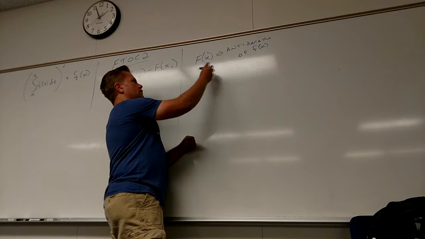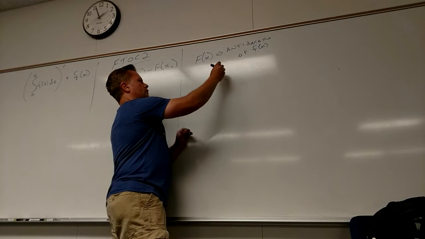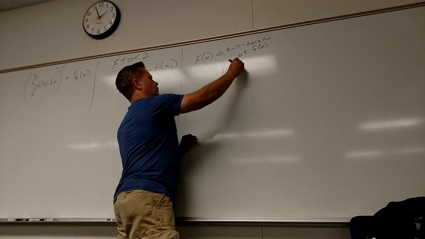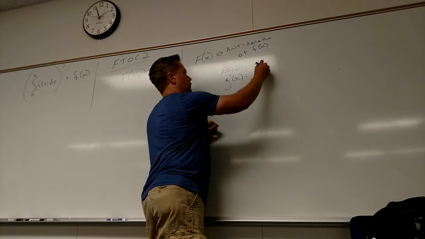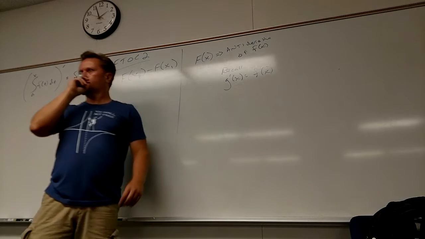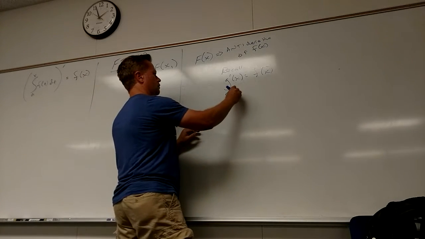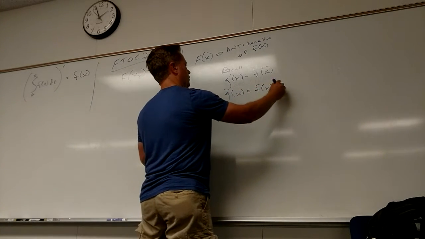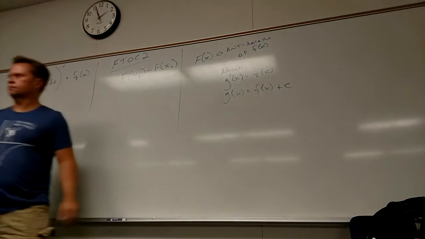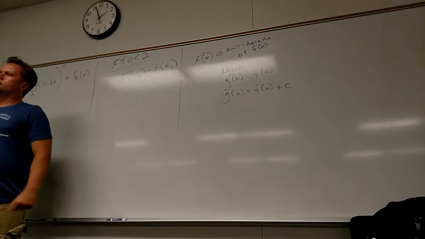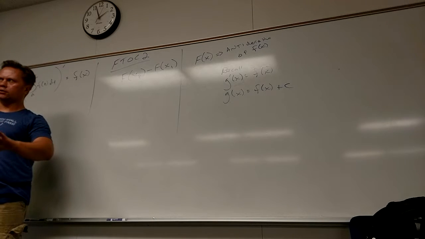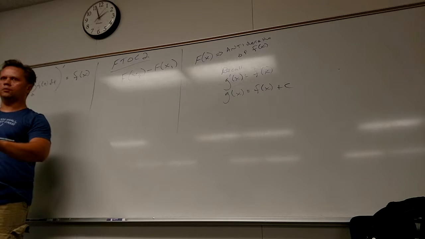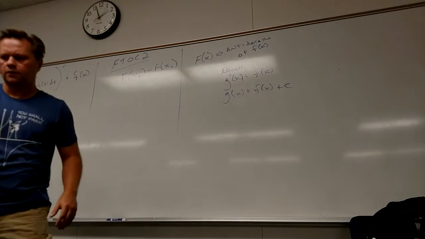Recall G prime is equal to F, which meant that G equaled F plus a constant. We're good so far. All that stuff we talked about earlier, I really hope it can all be pieced together for you.